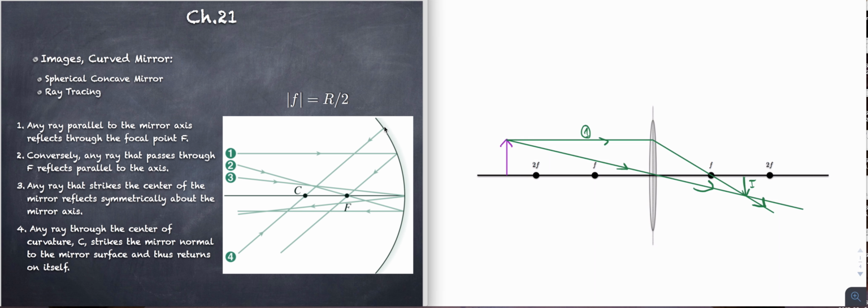In this case, it would form in between the focal point and twice the focal point, and it's inverted and smaller.